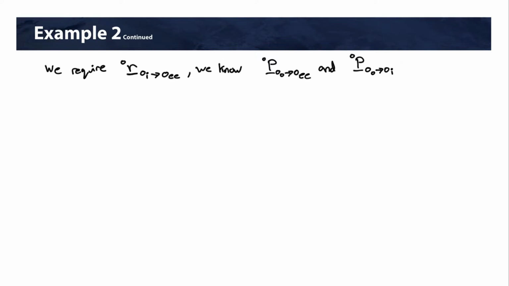So let's draw this out. Say we have frame 0 here, we have frame I here, and we have our end effector frame over here.